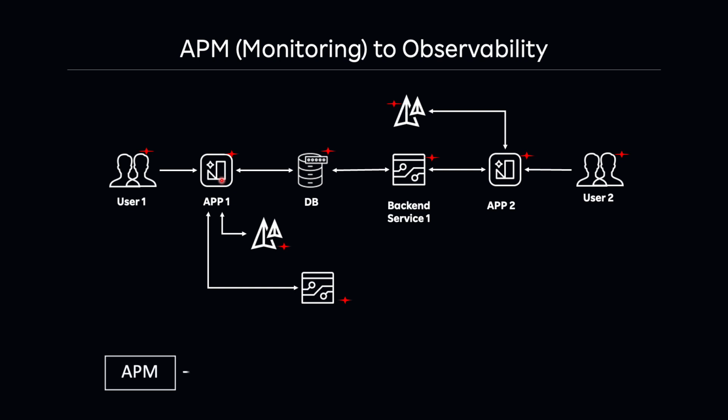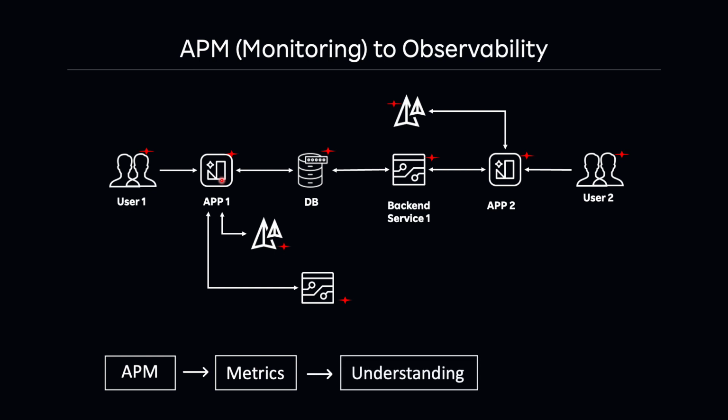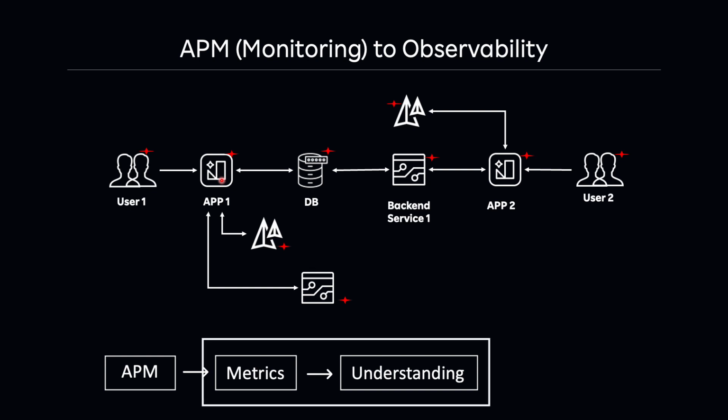So to recap, your APM gives you metrics where you look at the health of each and every application, but what you do not have is the insight or the ability to understand what's happening with these metrics, how they are linked. So that's where observability comes into the picture and gives you an overall view of what is happening.